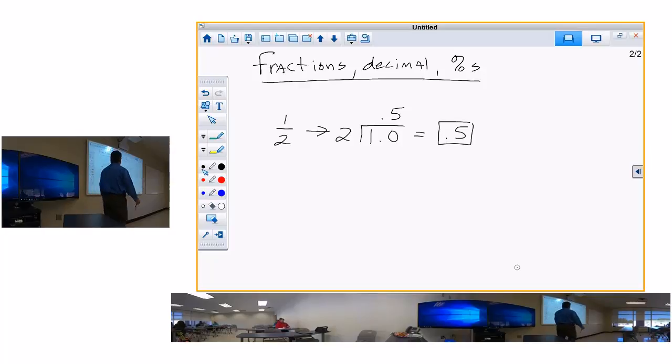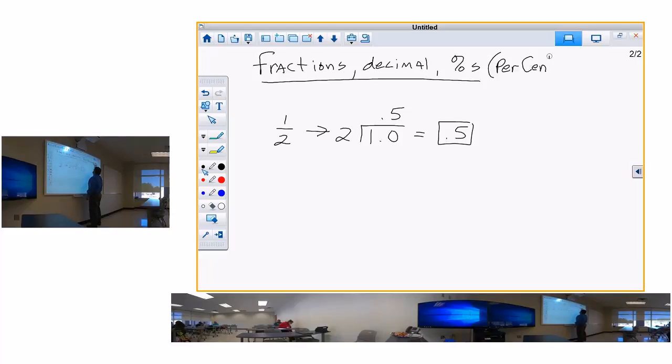Well, before we do percent, let's say what percent means. Percent means divided by centum, which is what? 100. So when you see the word percent, all you have to do is take that number and put it over 100. Does everybody understand that? Okay. Over 100, divided by 100.